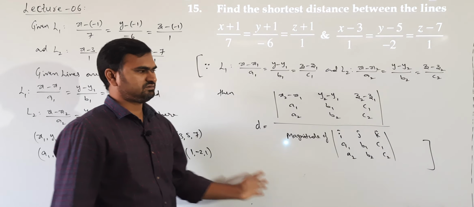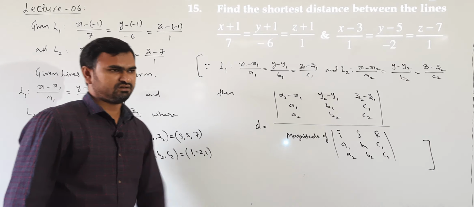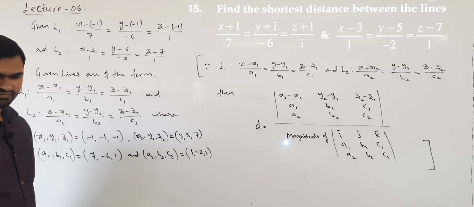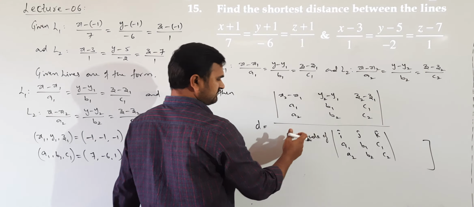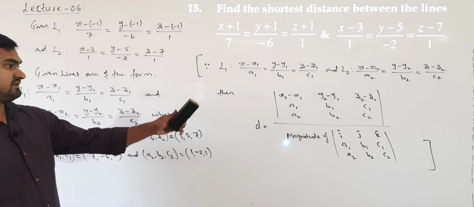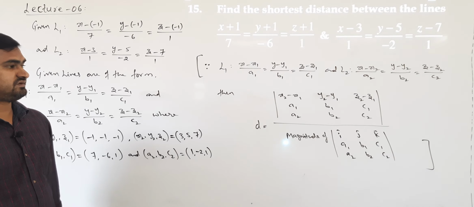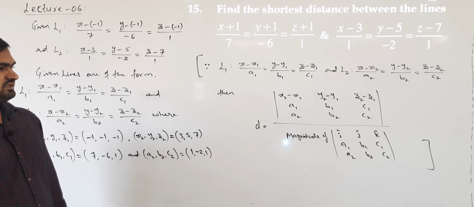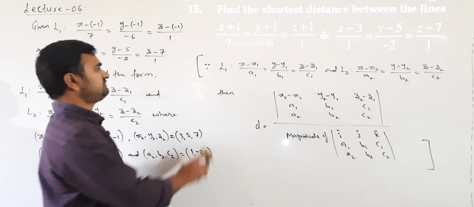So all the values we know. So now we can substitute in this formula. Okay. So before substituting, first I will find this numerator value, then we will find the denominator value, and then substitute in the formula. Understand? So first you will evaluate determinant of x2 minus x1, y2 minus y1, z2 minus z1, and then a1, b1, c1, a2, b2, c2. Okay, evaluate this value first.